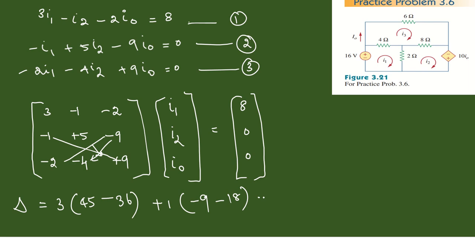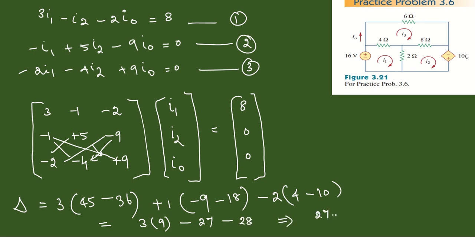Then this is minus 2 multiplied by these two, so it is 4 minus of minus, it is plus 10. So that is equal to 3 into 9, 27, minus 2 into 14, so it is 28. So we get 27 minus 28, so we get minus 28.